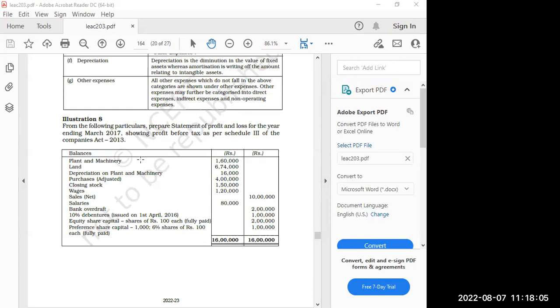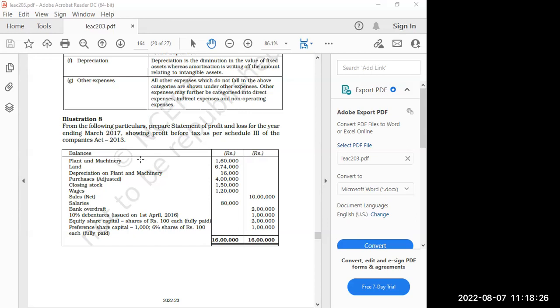Plant and machinery, is it income or expenditure? It's an asset, so it won't come under the P&L account. Forget it. Land, same case. Depreciation on plant and machinery, it is an expenditure. Purchases, within bracket adjusted, 4 lakhs.